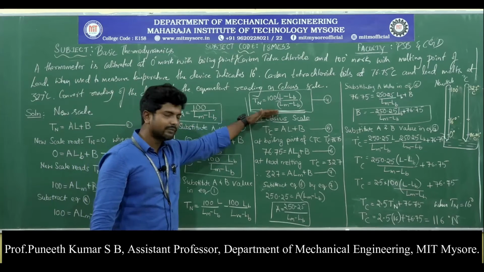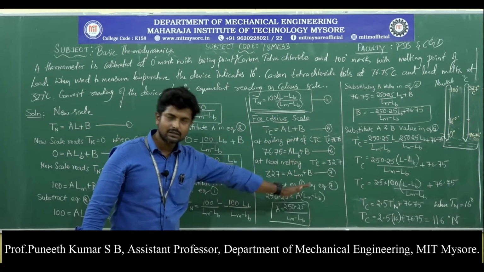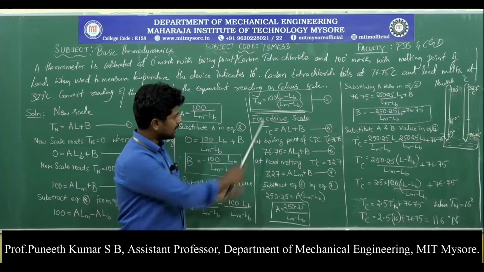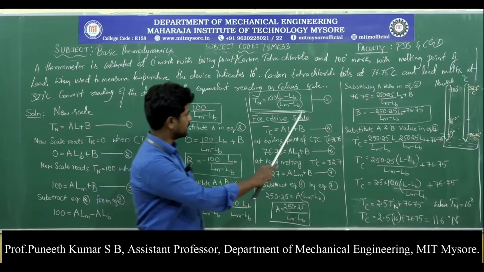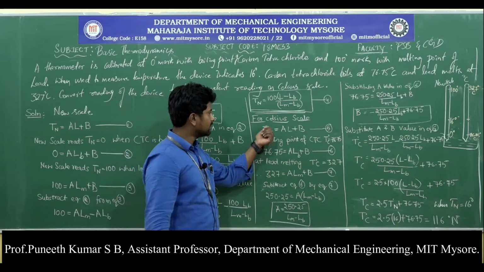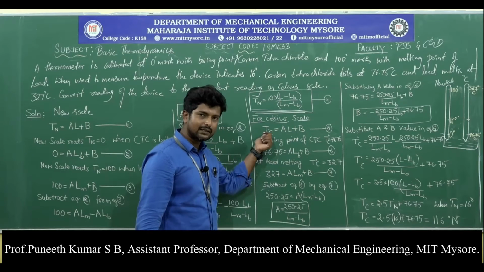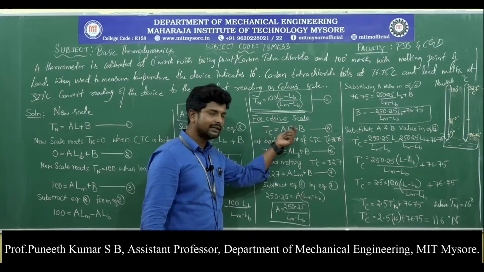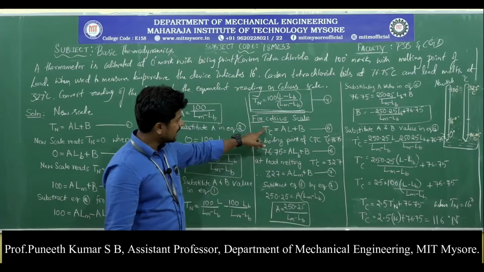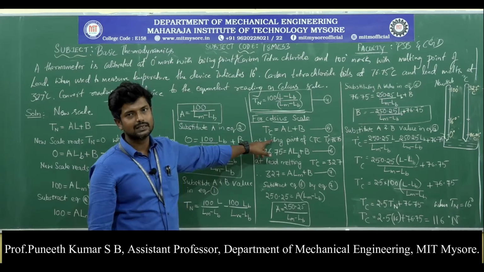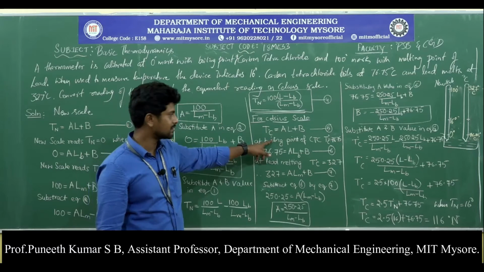Now, from here I will be solving for the Celsius scale as a different parameter. Here the Celsius scale is also a linear scale, so I have written a straight line equation. I have suffixed T with C, so it represents the centigrade or Celsius scale.